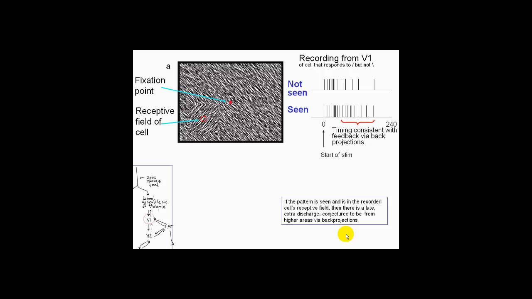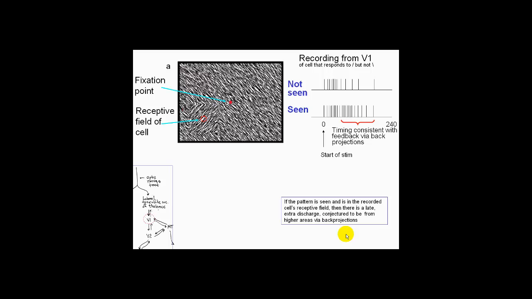And that secondary burst comes at just the right amount of time for information to have gone from here probably to here and back again. So it's just the amount of time you would need for information to get from V1 to the next higher areas and then come back again.